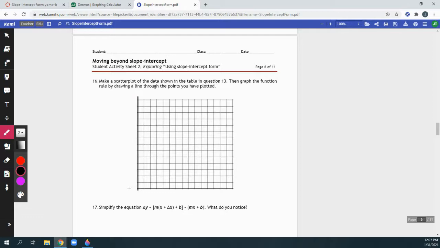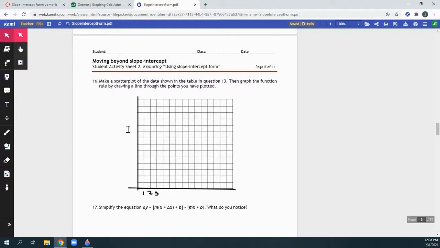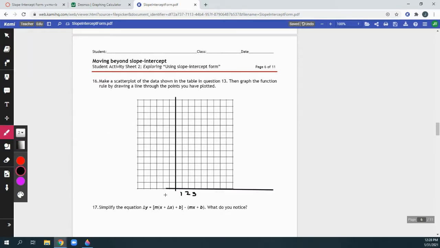Because remember, that means that I'm counting 1, 2, 3. If the y-axis were up here someplace, then I'd have -1, -2.